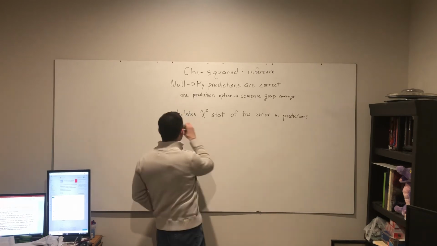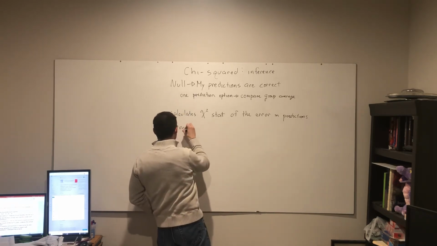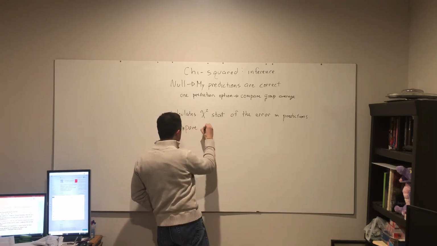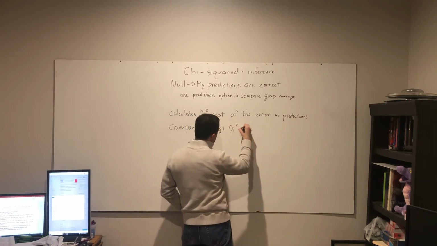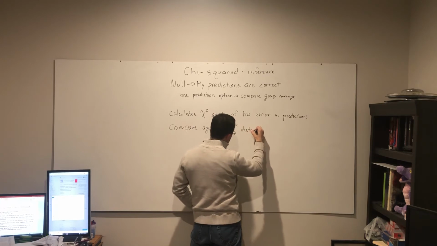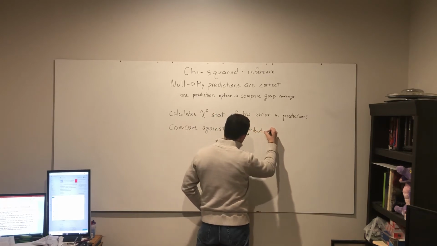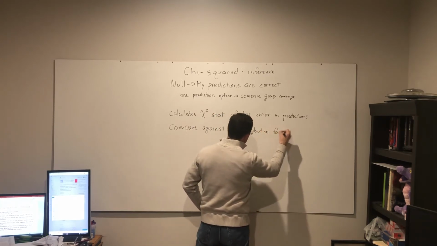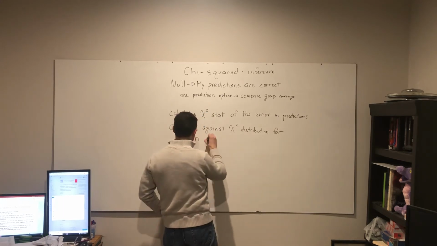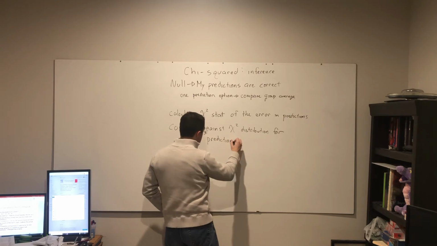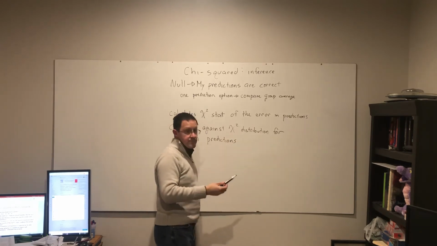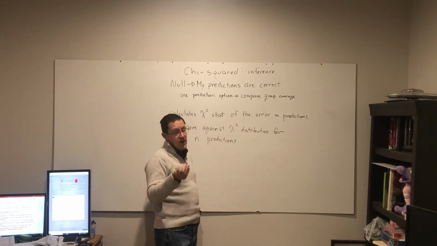It then compares it against something called a chi-squared distribution.